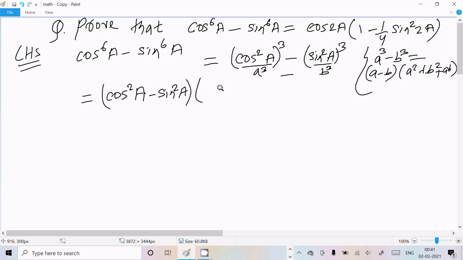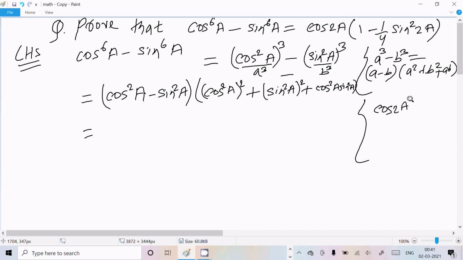Now thereafter a^2, that is (cos^2 a)^2, and b is sin^2 a, so that squared, and thereafter ab, cos^2 a into sin^2 a. Now there is a formula called cos 2a: cos^2 a minus sin^2 a is the formula.